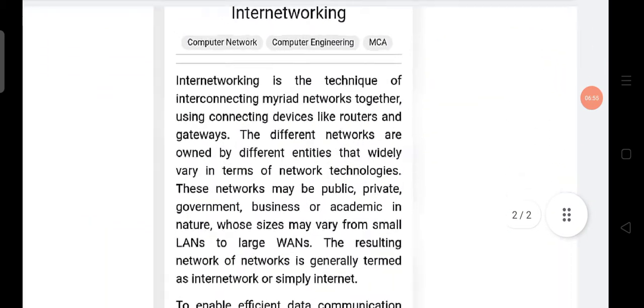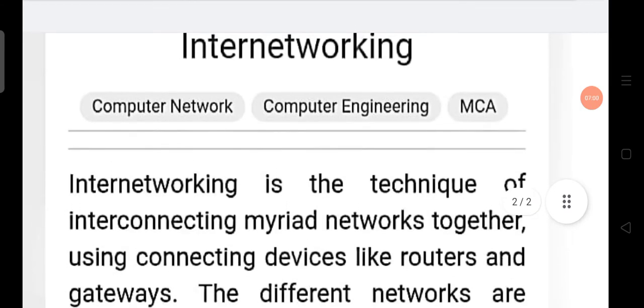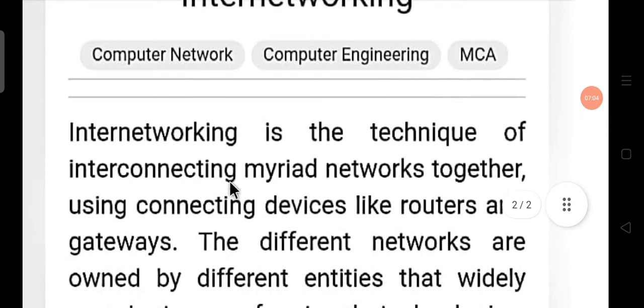Now let us discuss internetworking. Internetworking is the technique of interconnecting a myriad of networks together using connecting devices like a router and gateway.